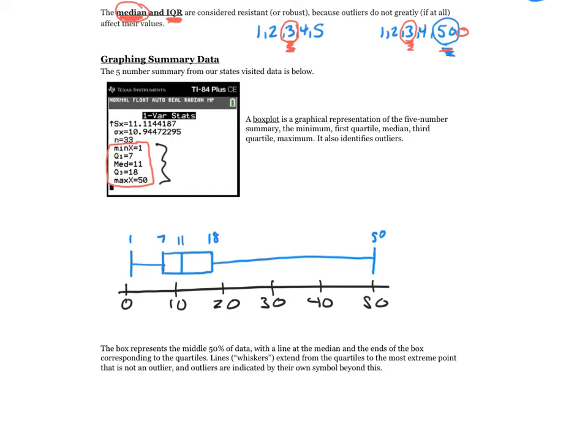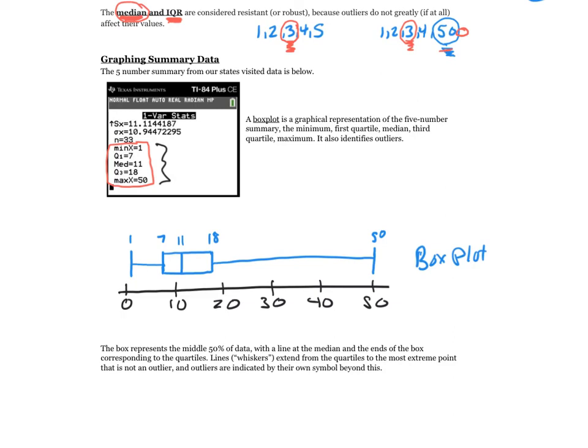Now, sometimes we include outliers in our box plot. And when we do that, I'm going to label this box plot, that's called a modified box plot. Okay? And if you remember from a previous slide, there were 3 outliers in our states visited data, but they were on the upper side of the graph.